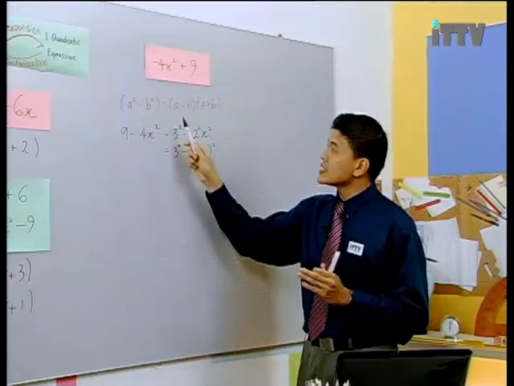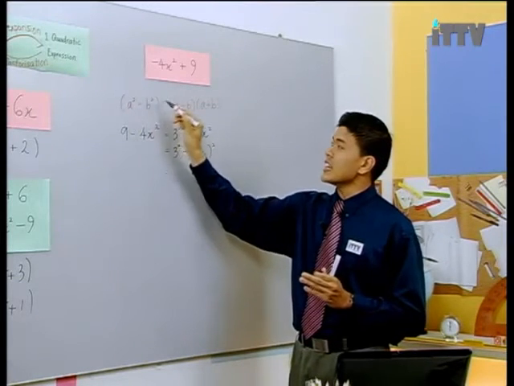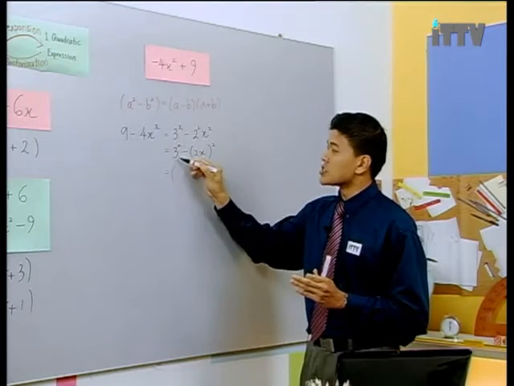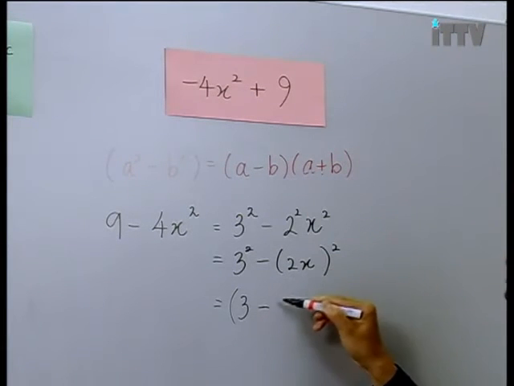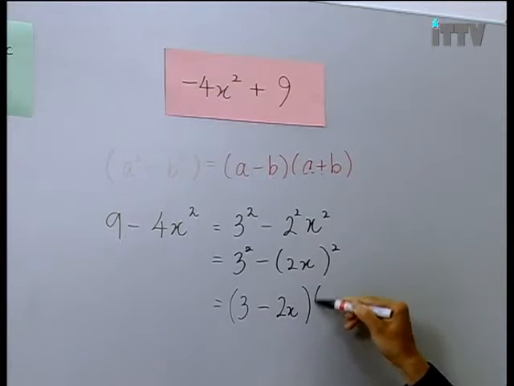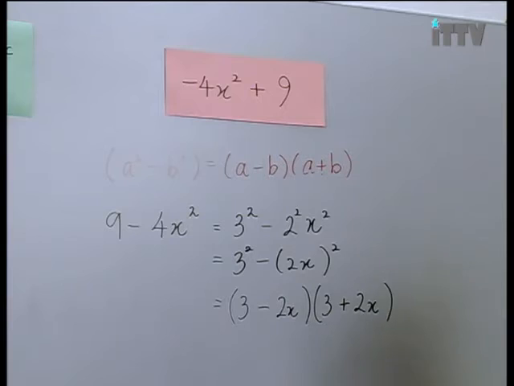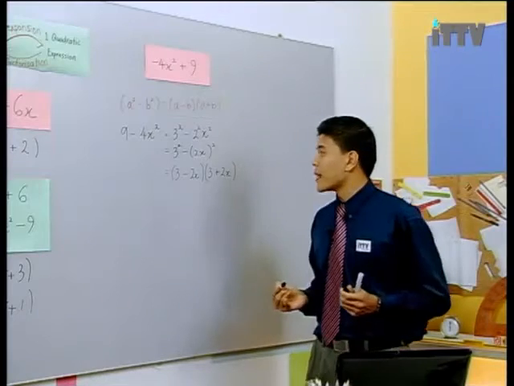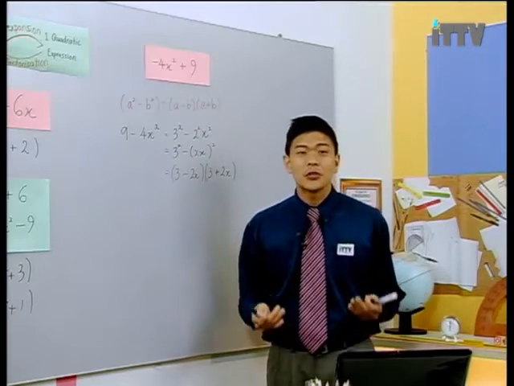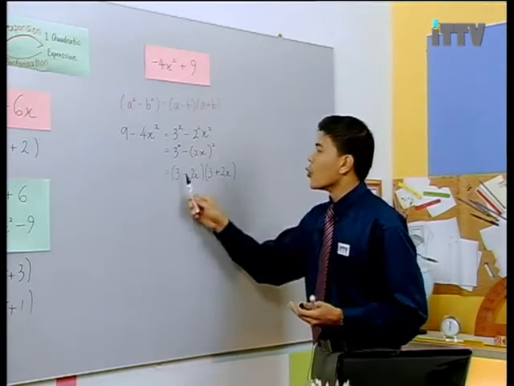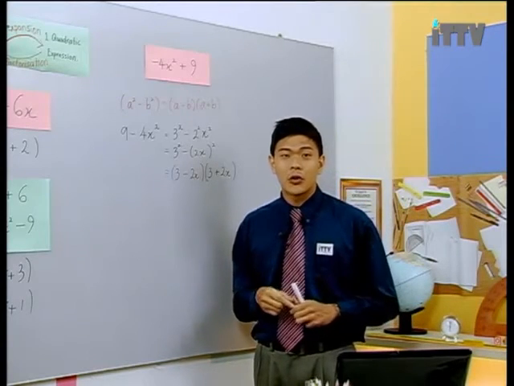If this occurs, the product of factorization is a, which is 3 in this case, minus b, which is 2x in this case, and 3 plus 2x. Alright, so you must remember the identity, and you can always check back your answer to determine if you're right. Expand one by one and see if you get the answer back, the quadratic expression.